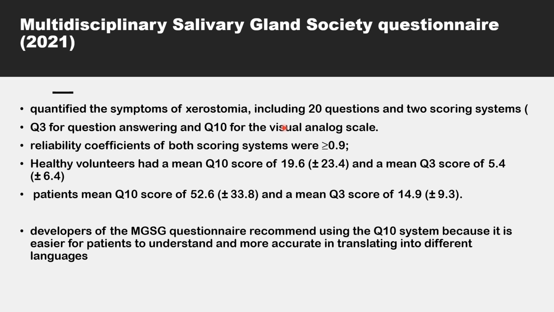A healthy volunteer would score about 19 for the Q10, whereas the mean of the patients with xerostomia would score around 50. The developers of the questionnaire recommend using the second way of scoring, the Q10, with the visual analog scale, rather than the Q3 with the question answering.